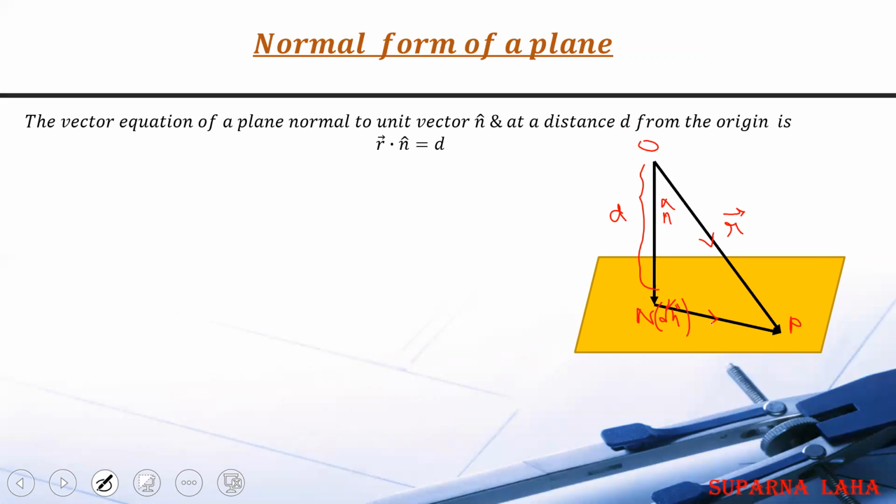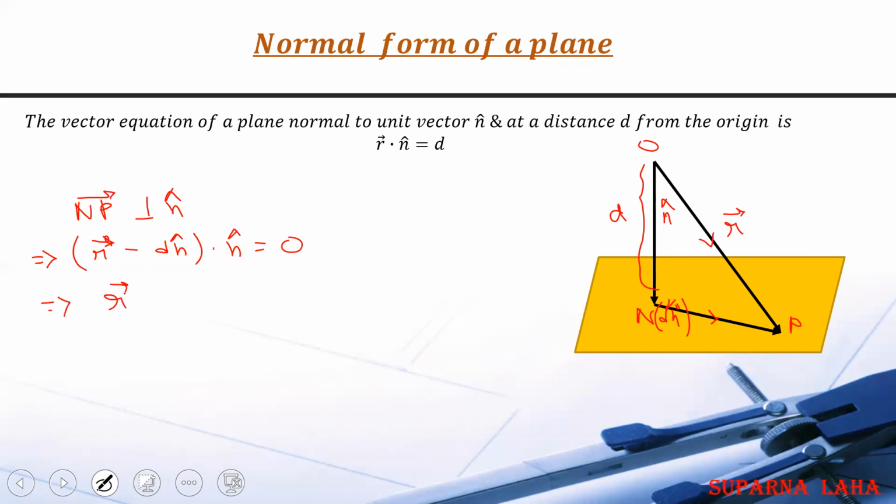We can now say that this NP is perpendicular to this vector n cap. Now since it is perpendicular, so we can say their dot product will be 0. Now what is NP? Vector NP means R vector minus d into n cap dot product with n cap is equals to 0.